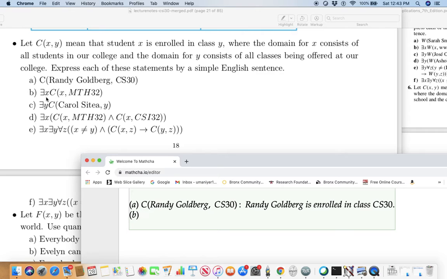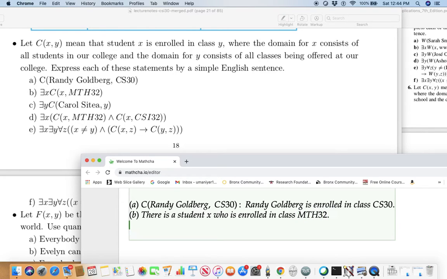B. There exists X such that C(X, Math 32). What does this mean? There is a student X who is enrolled in class Math 32.